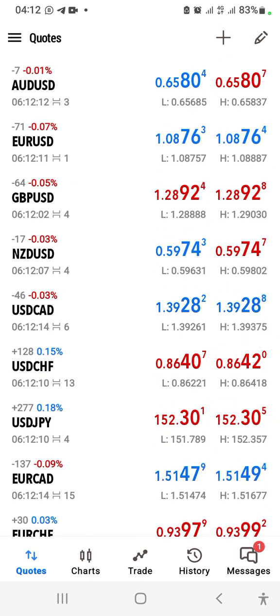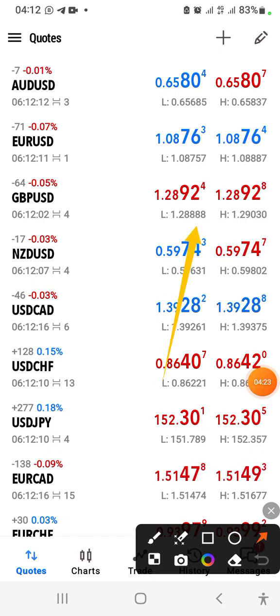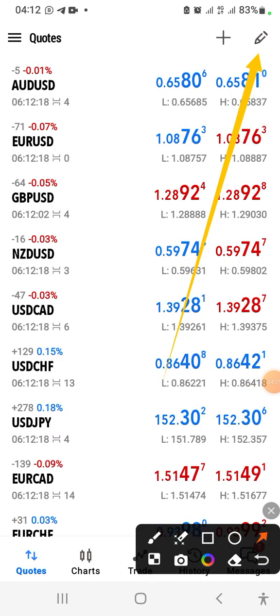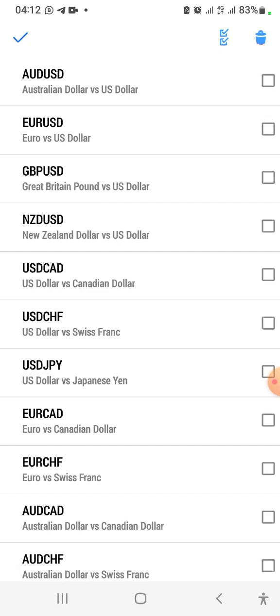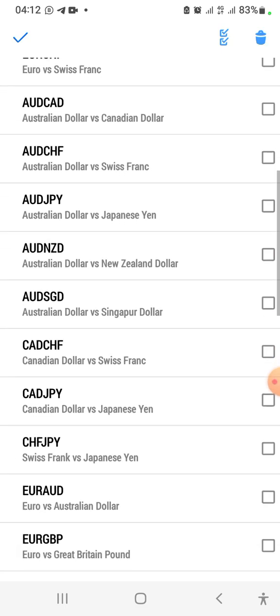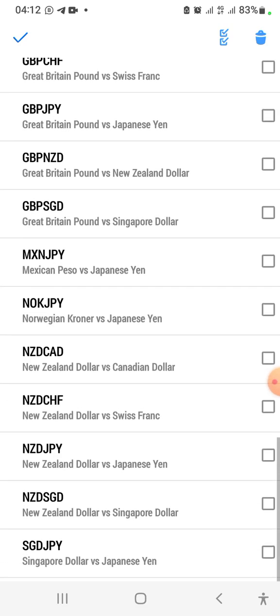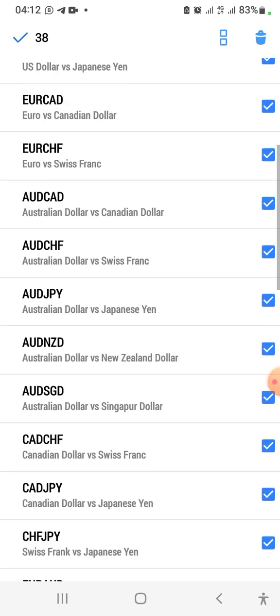So in picking these 10 pairs on your trading platform, I'm using MT5. So you click on that icon, you click on it, you will now do what? Click on this box so that you get rid of those pairs which you don't want. So now I'm going to click, so let me just click on all. I will now pick the ones I want.